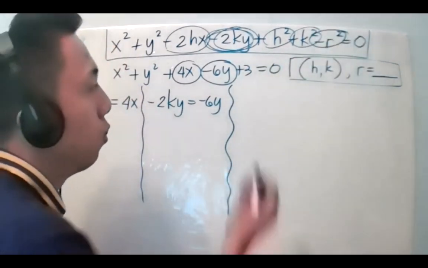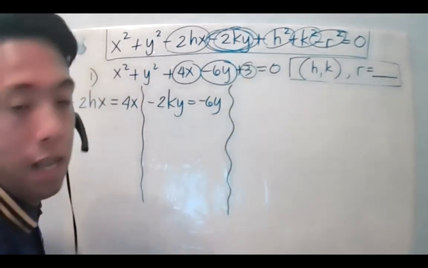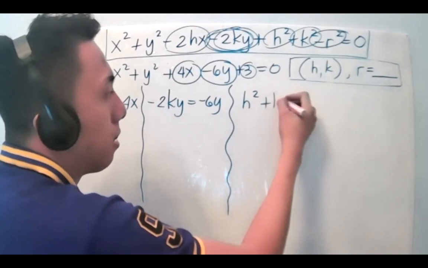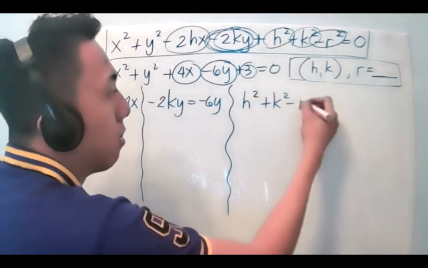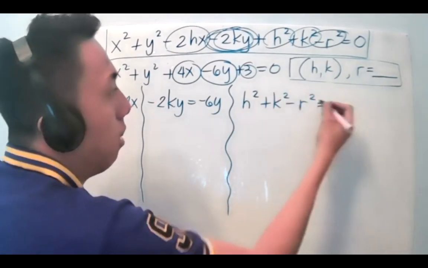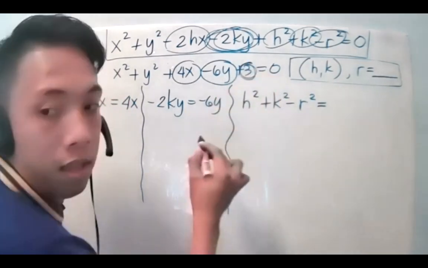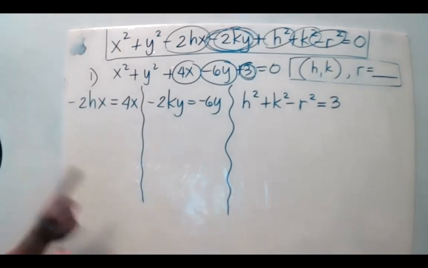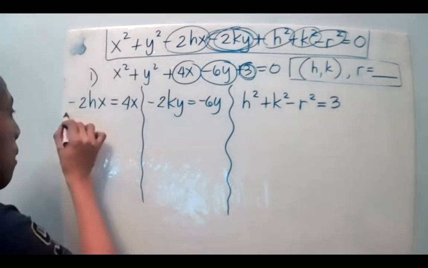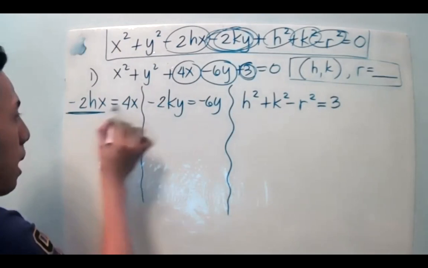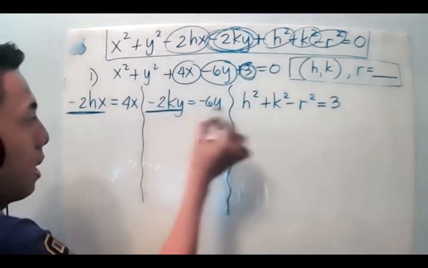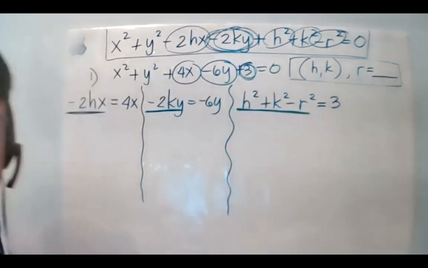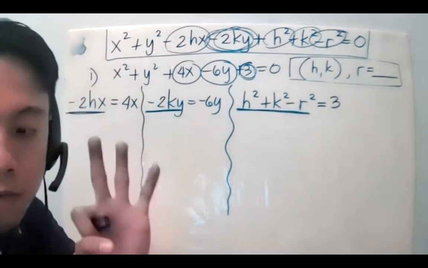We get the 3 from there. So I equate h squared plus k squared minus r squared equals 3. So, we have three formulas here: negative 2hx equals 4x, negative 2ky equals negative 6y, and h squared plus k squared minus r squared equals 3. Those are our 3 main formulas.